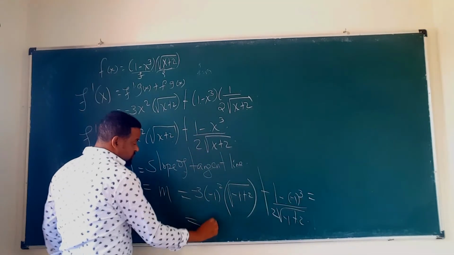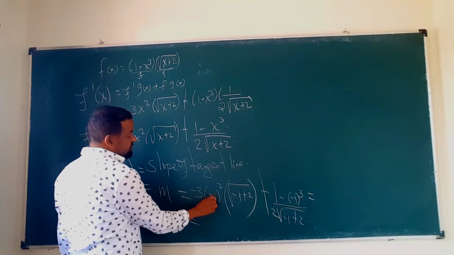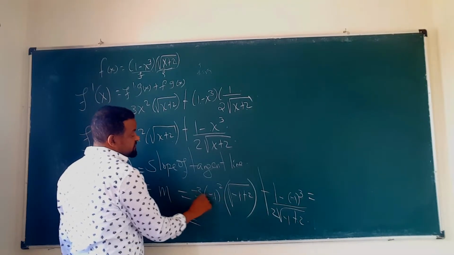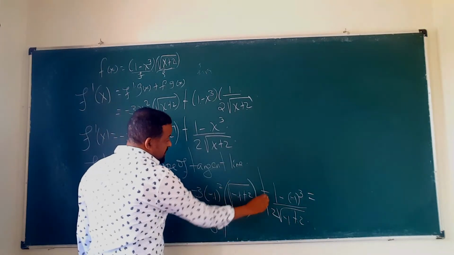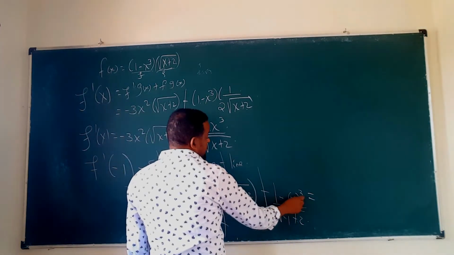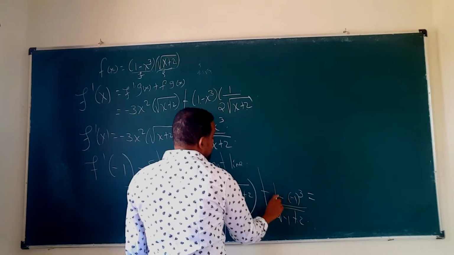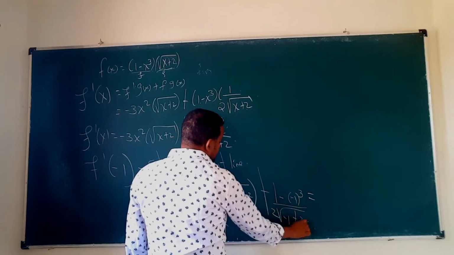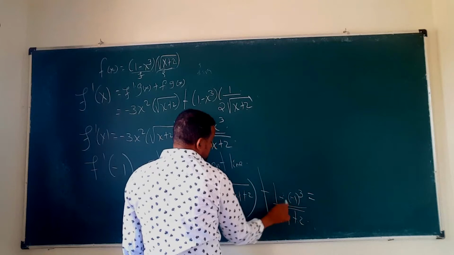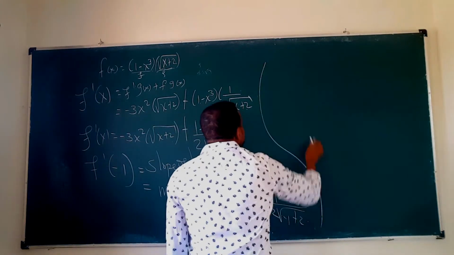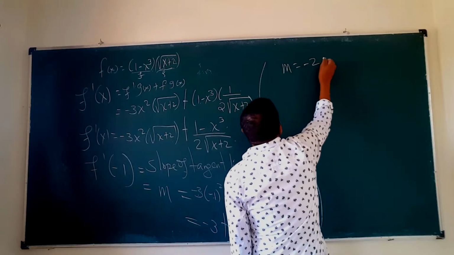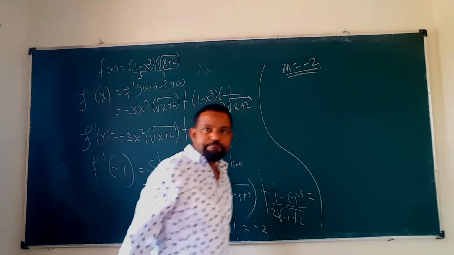So that will be negative 3: negative 1 squared is 1, 1 times negative 3; negative 1 plus 2 is 1, 1 times negative 3 is negative 3, plus negative 1 cubed is negative 1, negative times negative is positive 1, plus 1 is 2; negative 1 plus 2 is 1, 1 times 2, so 2 over 2 is 1. So the slope of the tangent line is negative 2.